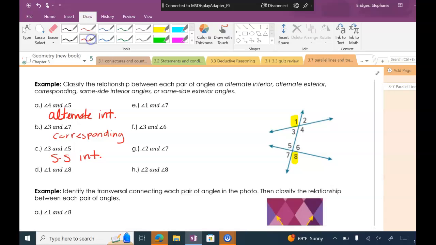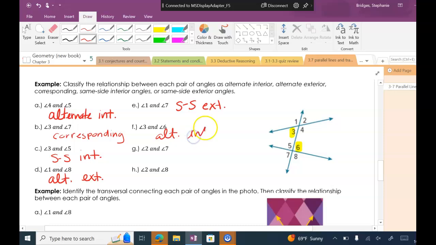All right, 1 and 8. What are those? Alternate exterior. Yep. How about 1 and 7? Same side exterior. Yep. Three and 6. Alternate interior.